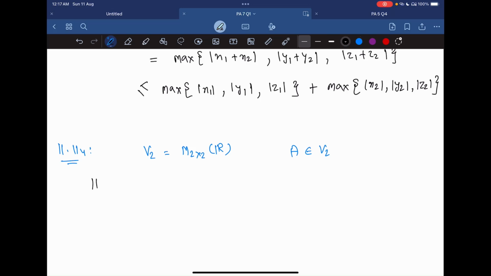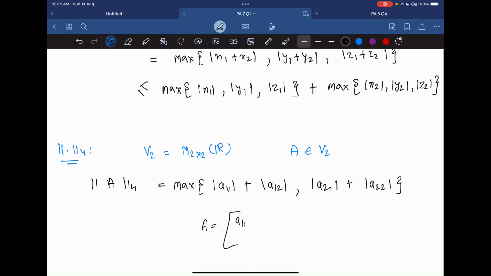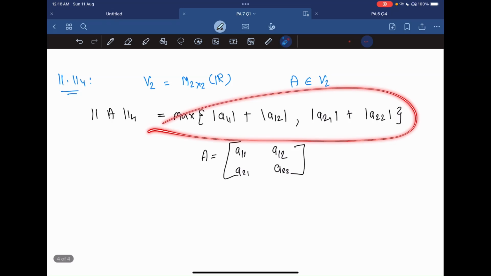Our fourth function is defined as the maximum of the sums of absolute values, where A is the matrix with entries A11, A12, A21, and A22. So this is our matrix, and that's how we are defining our function.